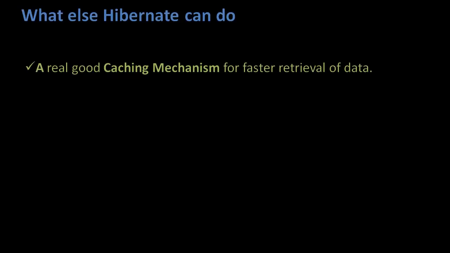So this caching mechanism would reduce the DB hits significantly and would enhance the application's speed. There are different ways in which you can use this caching mechanism in Hibernate. I will talk in detail about this in the hands-on session for Hibernate caching mechanism.